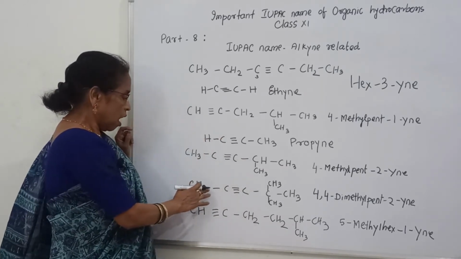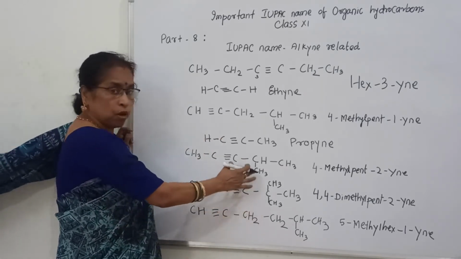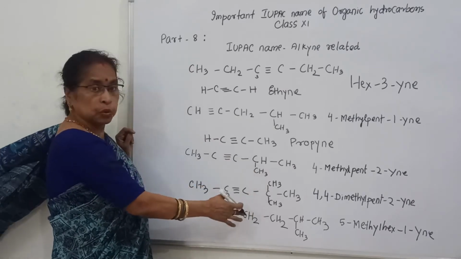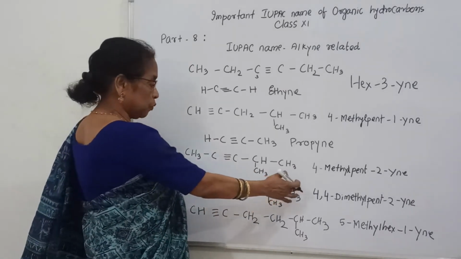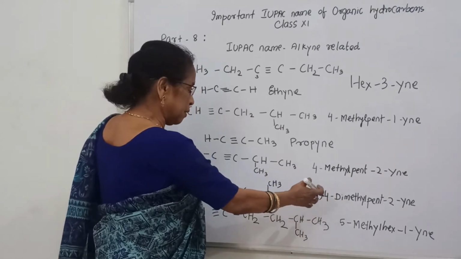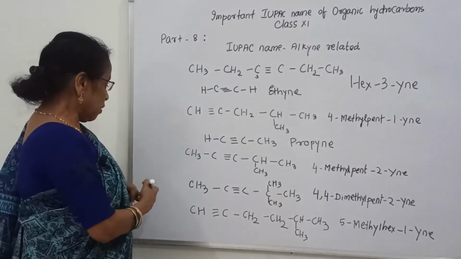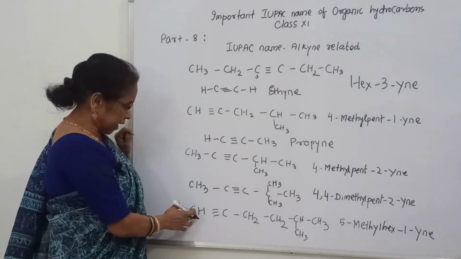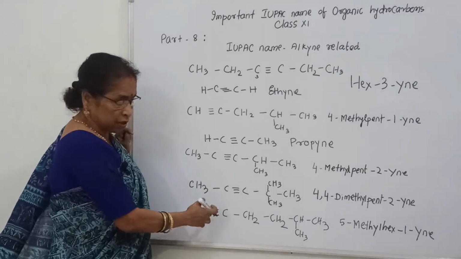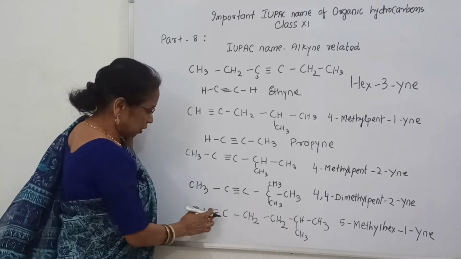And here 1, 2, 3, in 4 position there are 2 methyl groups, so 4,4-dimethylpent-2-yne.